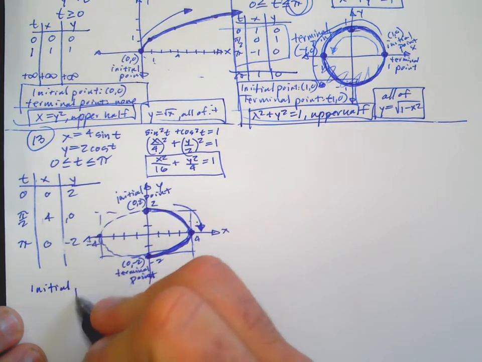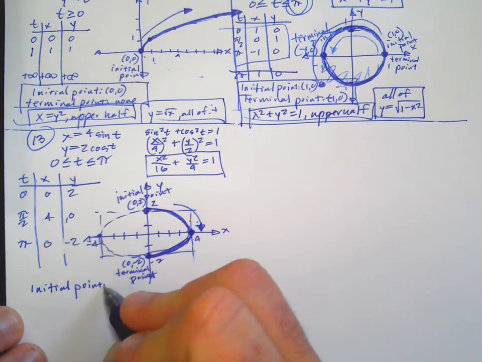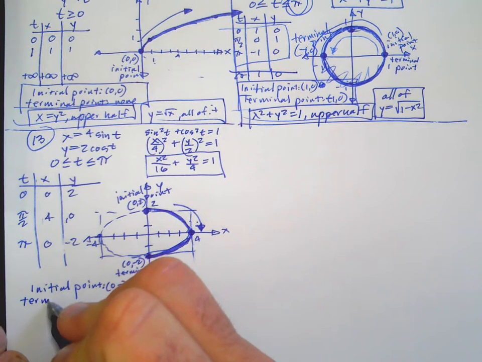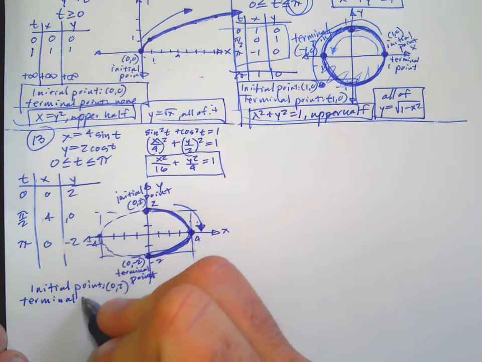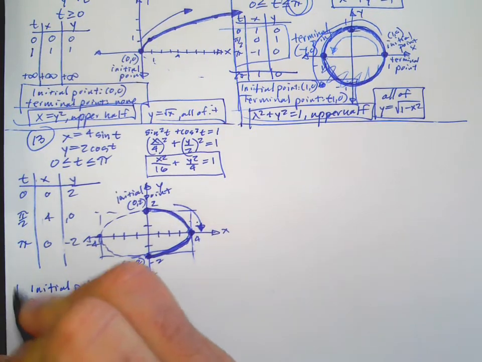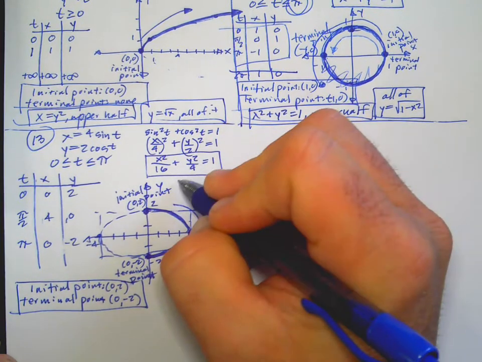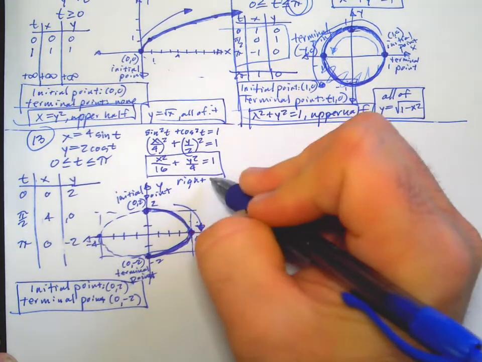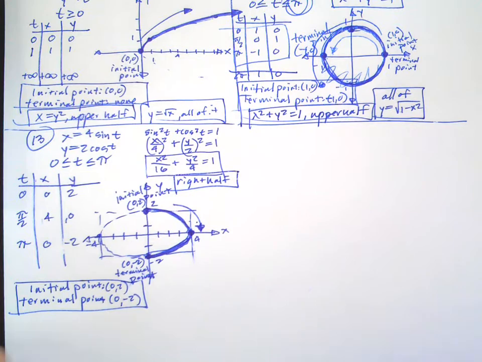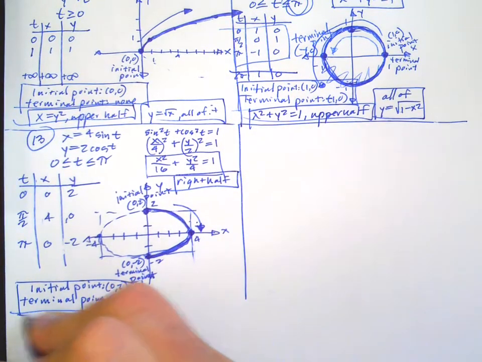Initial point is 0, 2, and terminal point is 0, -2. And we could just go up here and say, okay, it's the right half of the shape of the ellipse. So there you go.